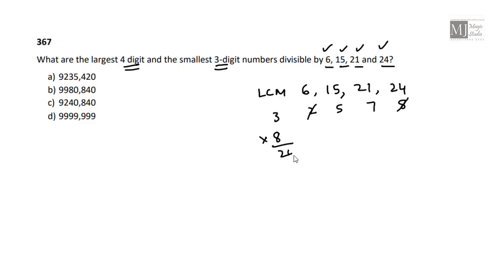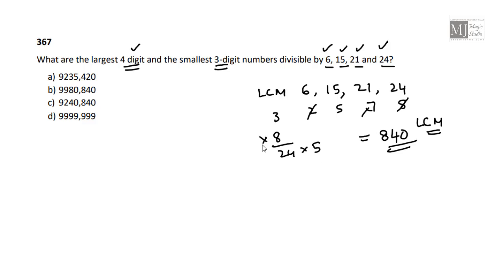Then 2 gone with 8. 24 into 5 is 120. 120 into 7 is 840. 840 is the LCM. That means the smallest 3-digit number is 840.